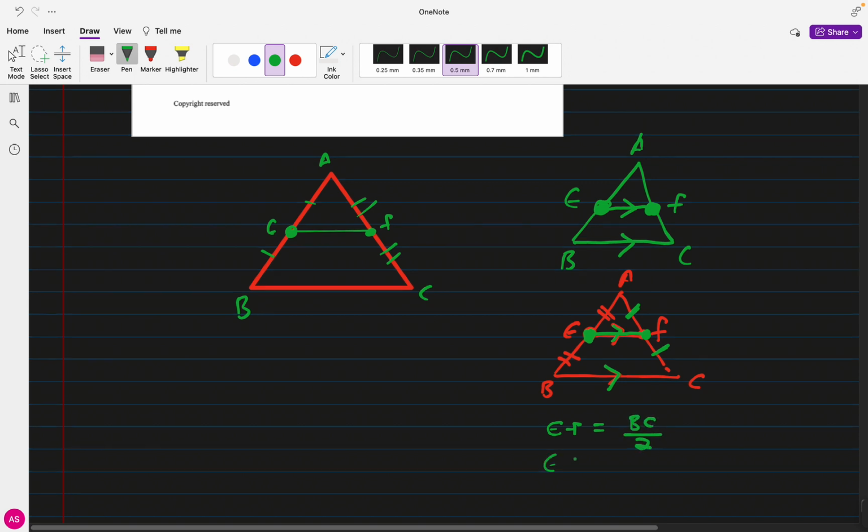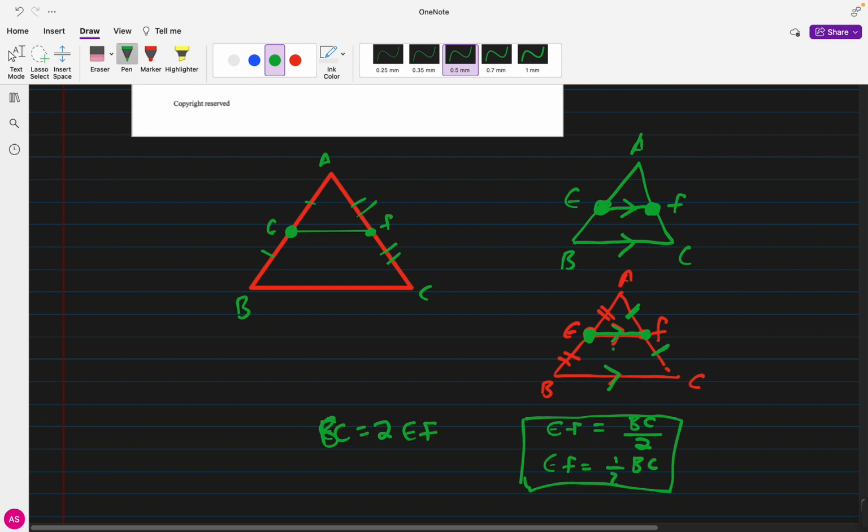So sometimes you can write this as EF is equal to 1 over 2 BC. But if you check now, what exactly does that mean if they tell us that EF is half BC? It means that BC is equal to 2 EF.